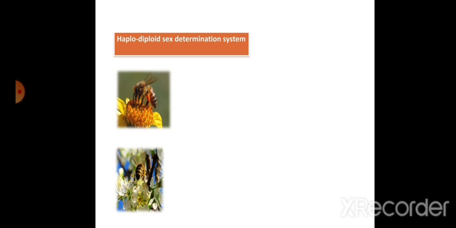Now, an unfertilized egg, which does not meet with a sperm, will develop into a drone, and that process where the egg is converted into a young one without fertilization is called parthenogenesis, which you might have understood in the reproduction topic.